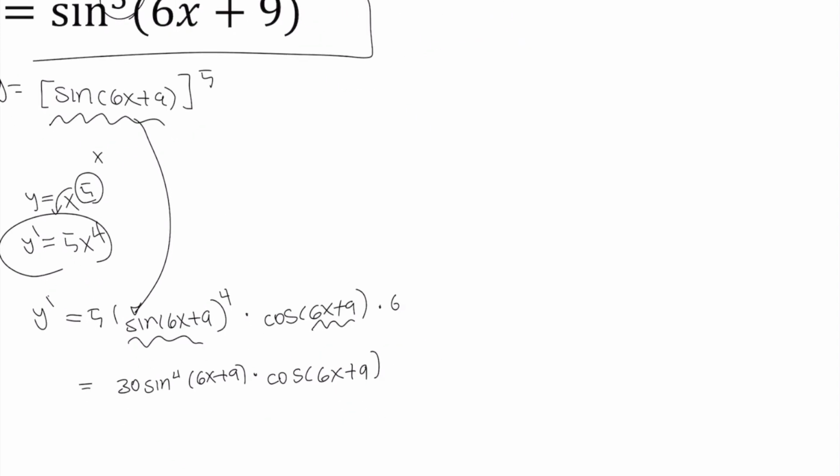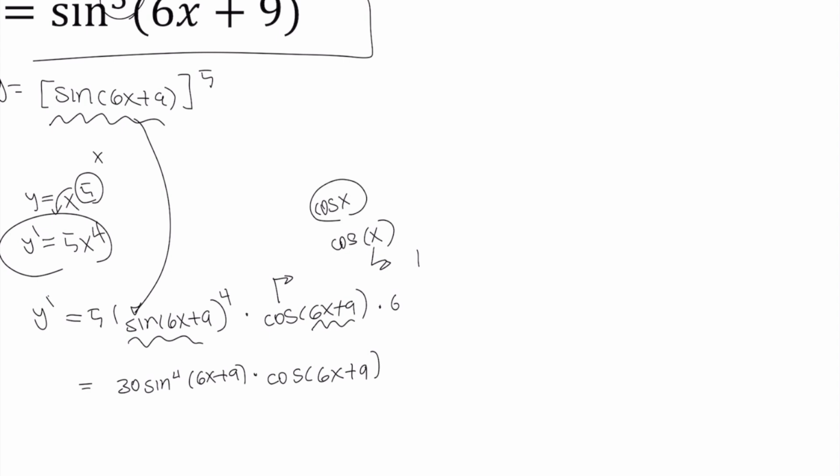Okay, so it might be a little confusing as to why we need to take the derivative one more time with the 6x plus 9. If the function was cosine x, then we don't need to take one more derivative, because the derivative of x is 1, which is the same thing as just cosine x.